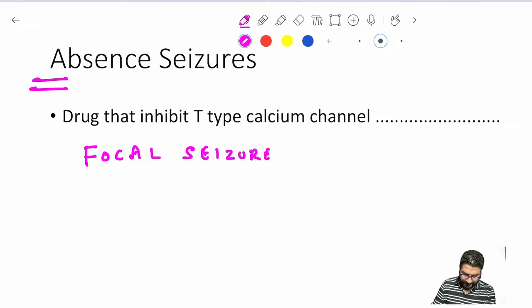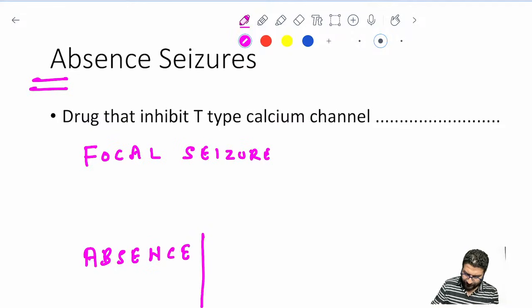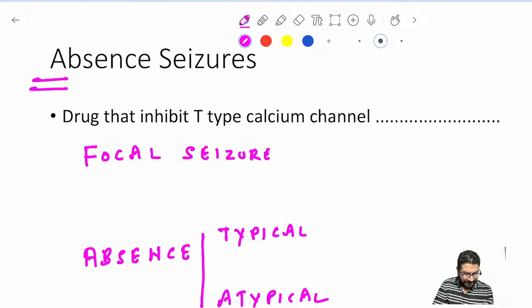Then what we have, I can say absence seizures. In absence we have two forms: typical, atypical. Now what else they can give you?